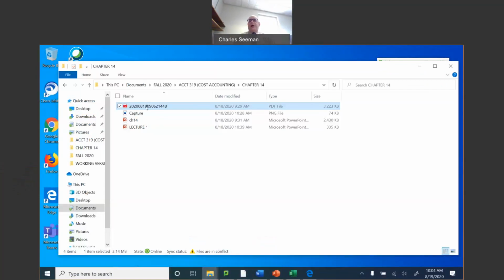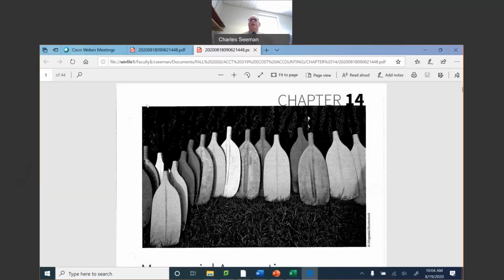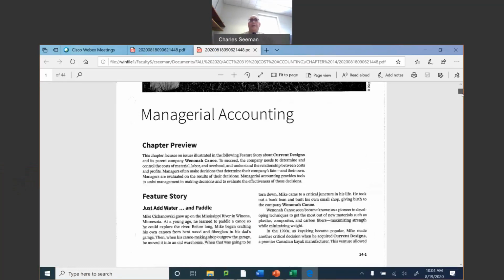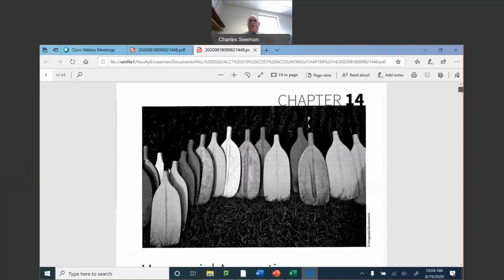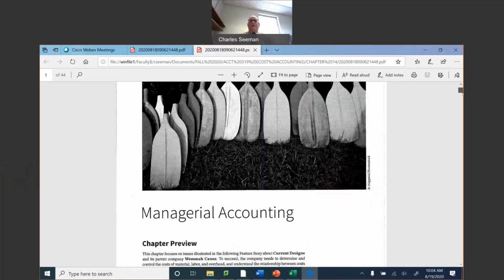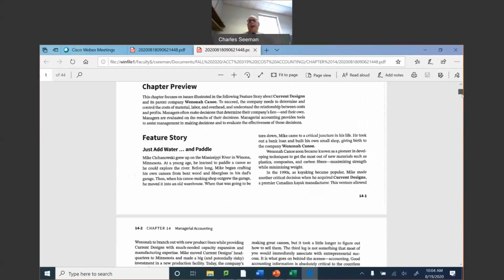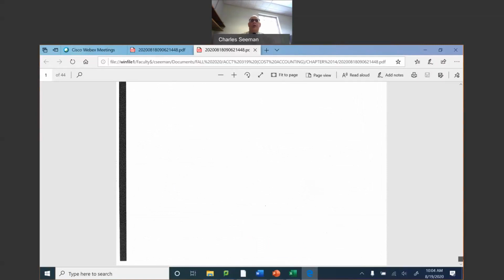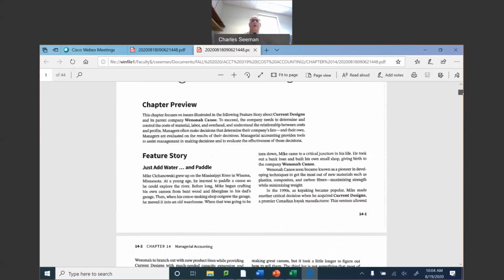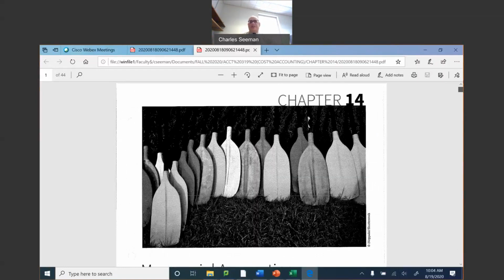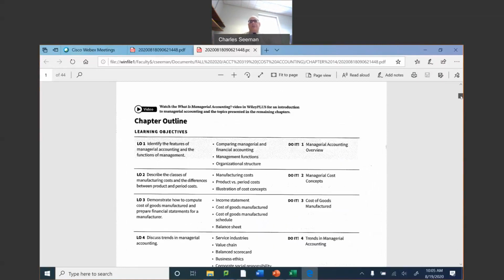I have a copy of chapter 14, which I will put up on Canvas. This version is 7, however. So the version that some students are going to use is 6, and the students that don't have access to version 6 will use version 7. It's the same thing, the same questions and everything, but it's just a different version. I do not have access to 6, so therefore I can't give it to you.